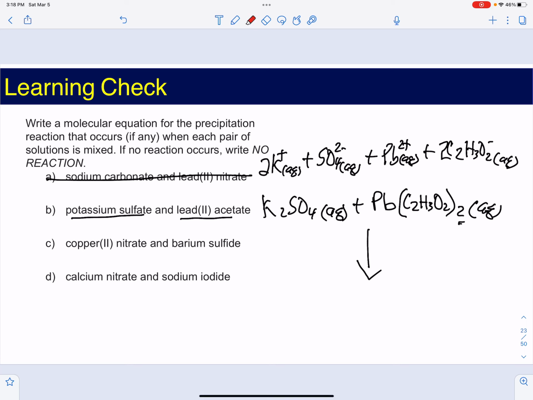So the positive is going to go with the new negative. So using crisscross, that's going to give me K C2H3O2, and there's going to be 2 of them. And all acetate compounds or compounds with alkali metals are going to be soluble, aqueous. So what do I have remaining?